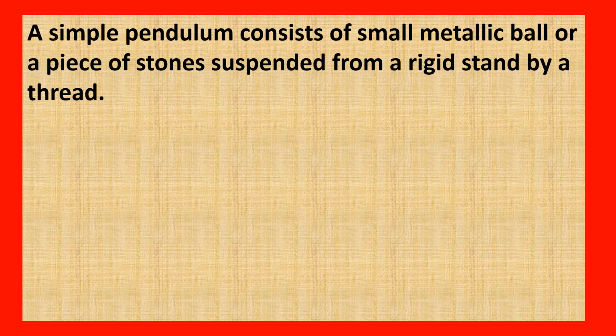A pendulum is made up of a small metallic ball or a piece of stone, suspended from a rigid stand by a thread. And the metallic ball we use is called the bob, the bob of the pendulum. This is the definition of a simple pendulum.